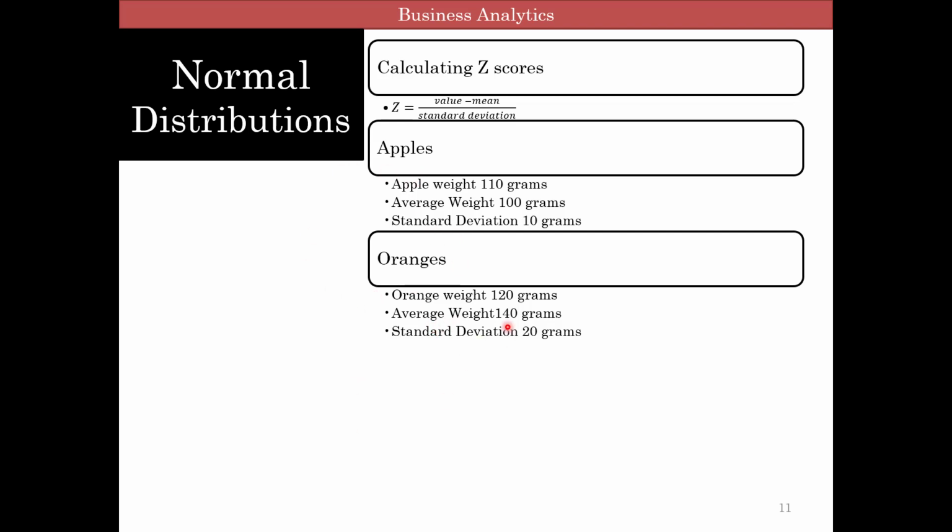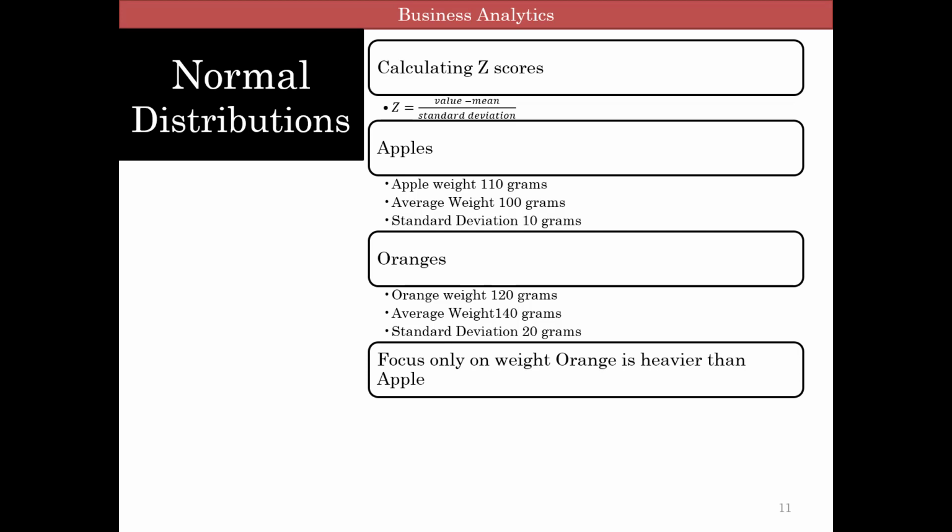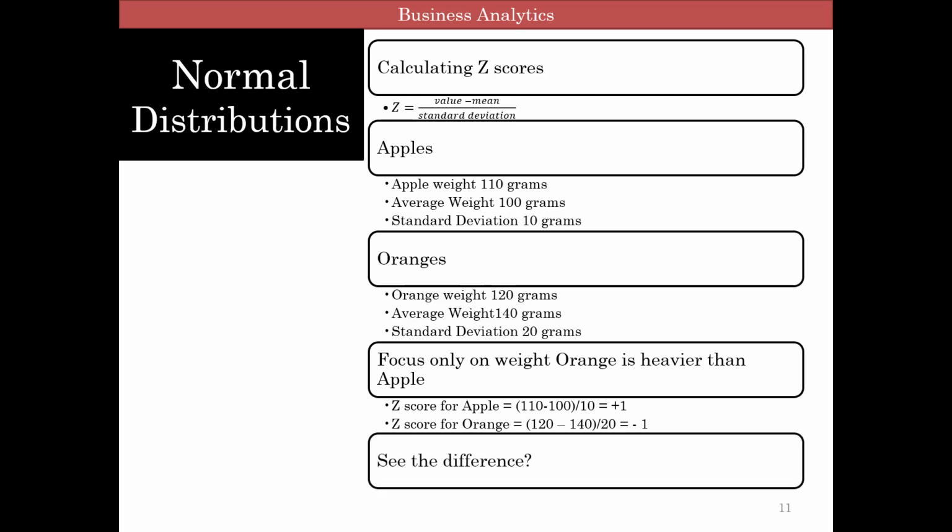However, if you know the average weight of oranges is 140 grams and the standard deviation is 2 grams, you will then understand that while the orange is heavier than the apple in grams, when you take the Z-score, the apple is 1 Z-score more than its average, whereas the orange is 1 Z-score less, 1 standard deviation less than the average. You're getting a better apple, a bigger apple than a normal apple, whereas with an orange, you're actually getting a smaller orange. You see the difference?